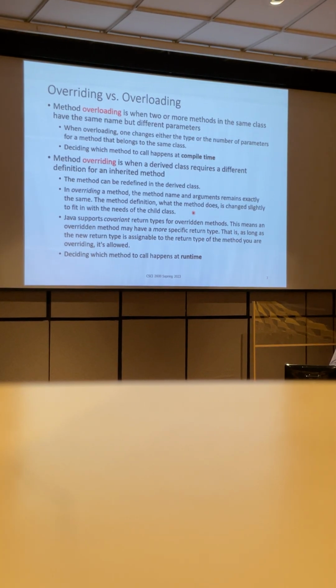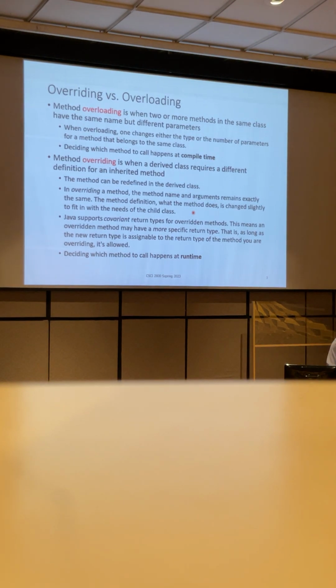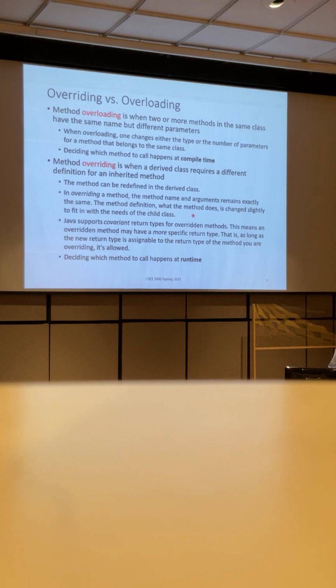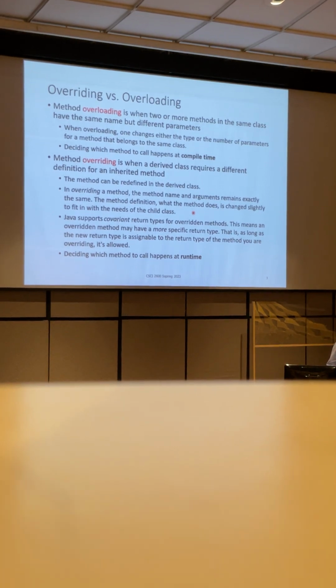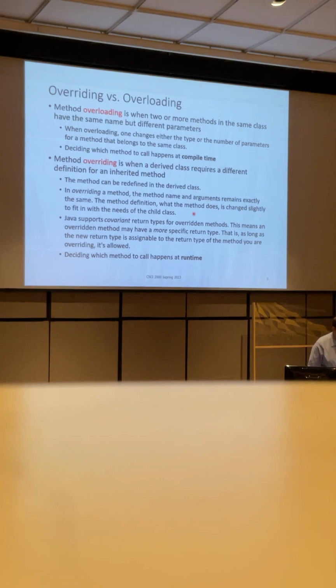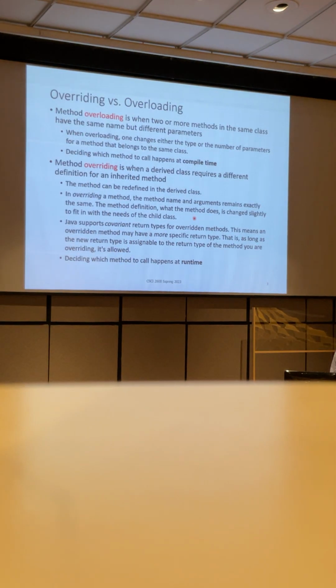Something has to be different about the parameters: either the type of parameters, or the order, or the number of parameters, or all of the above in any combination. The return type is not part of the signature, so the return type does not matter. Overloaded methods cannot differ in just the return type.